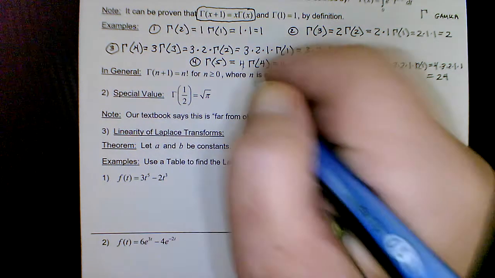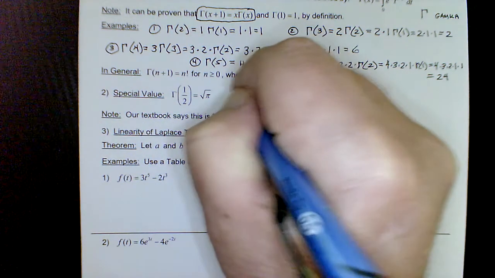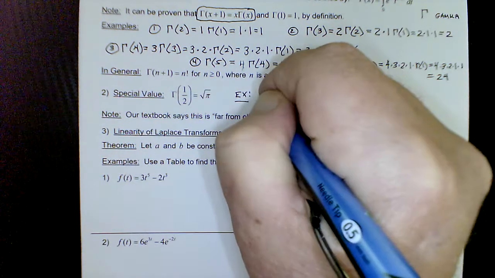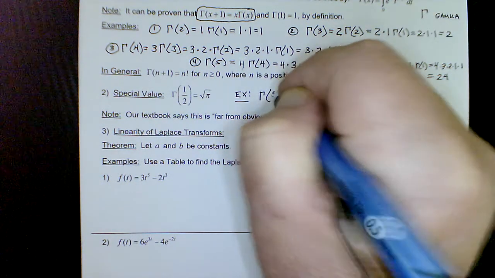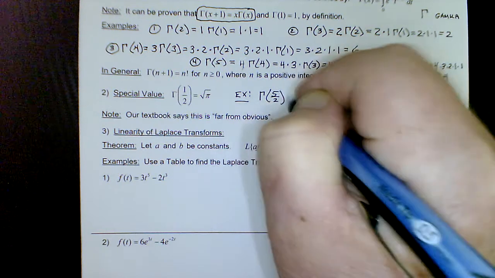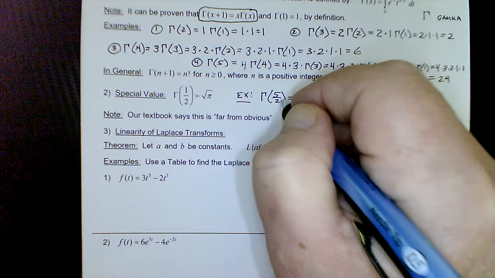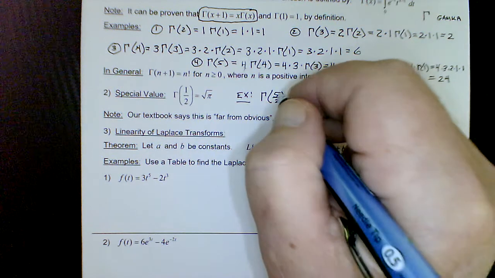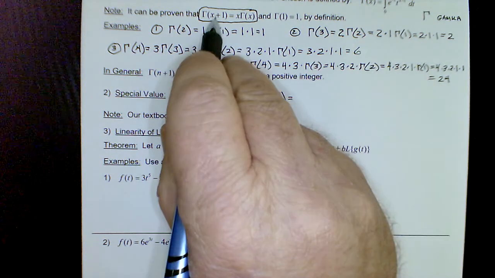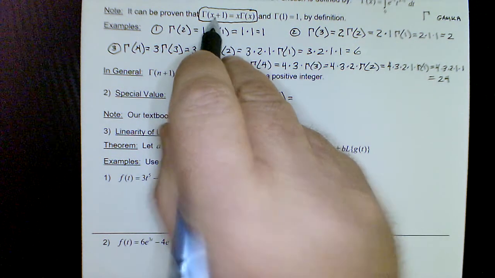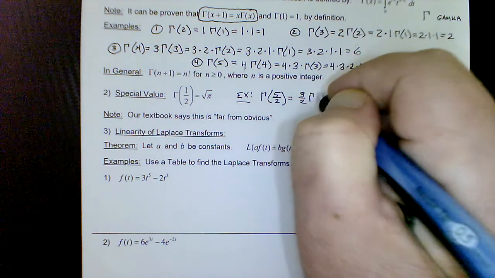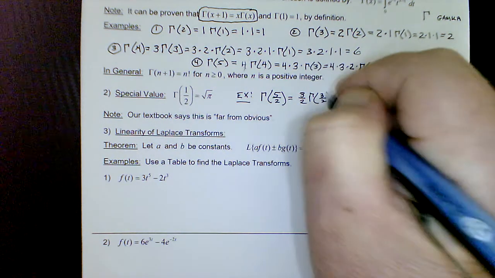Oh, let me give another example, actually, before we go on. You're going to use this concept whenever you have to evaluate gamma of a fraction. And typically it's going to be with a denominator of 2. So first off, gamma of 5/2 means that x is 3/2. So therefore that's going to be 3/2 times gamma of 3/2.